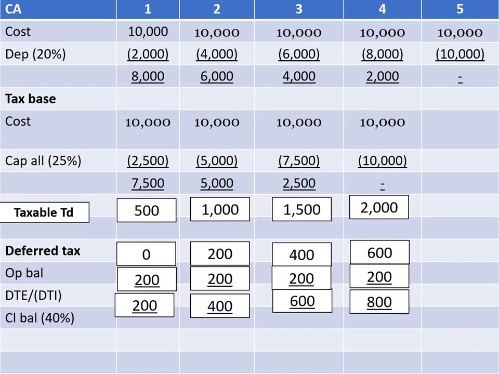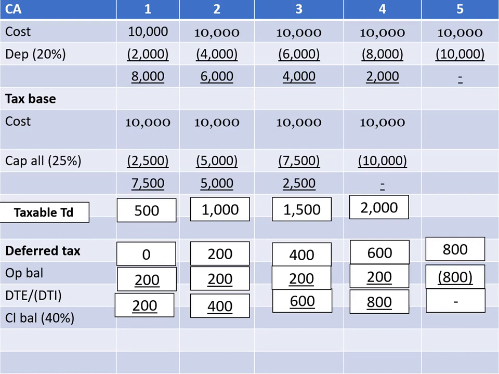Now this is what happens in year 5. We have a balance of 800, but if we take our carrying amount, our taxable temporary difference at this point is 0. 0 times 40% gives you 0. That means we are supposed to end up with a 0 balance at the end of the year for our deferred tax. So what ends up happening?